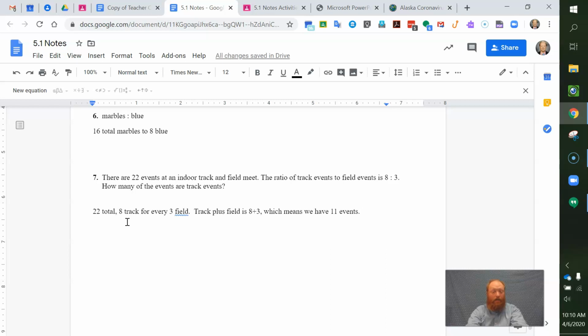All right, but we actually have 22 total events. So in order to go from 11 events, we have to multiply that by 2. What that means is that we actually have 16 track events plus 6 field events.